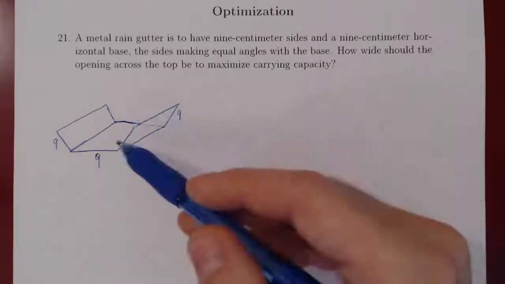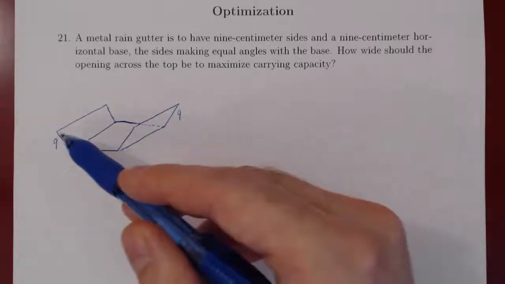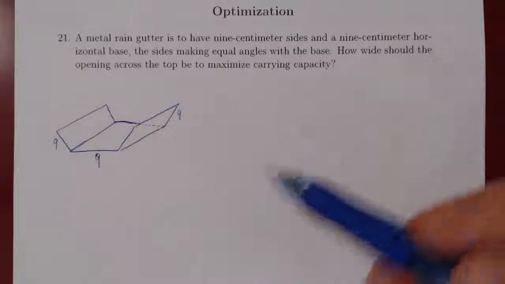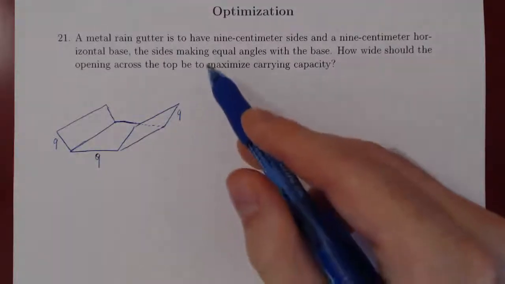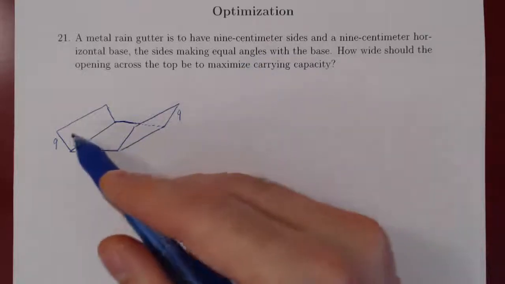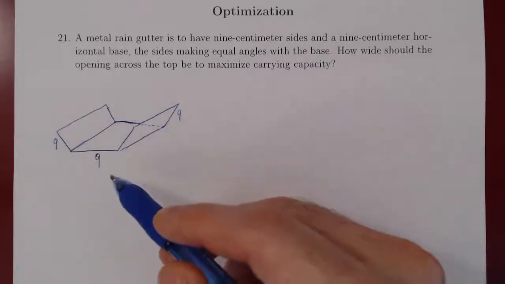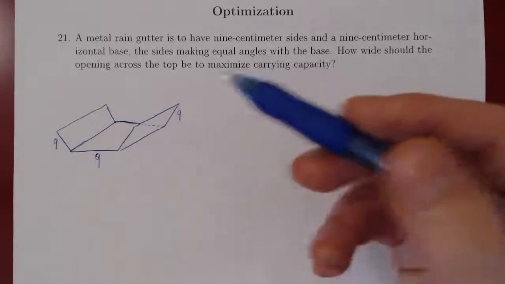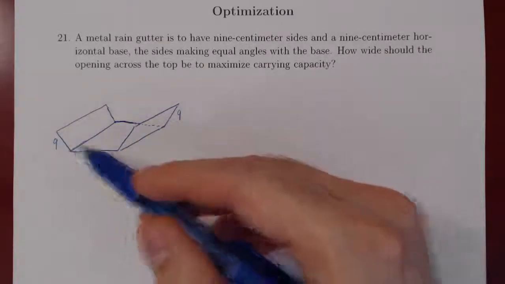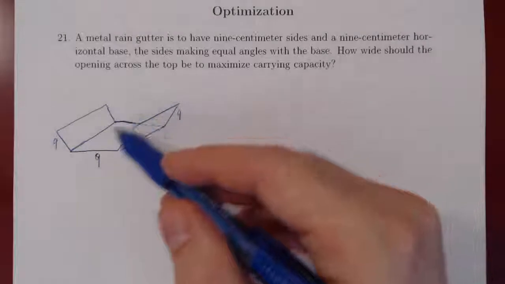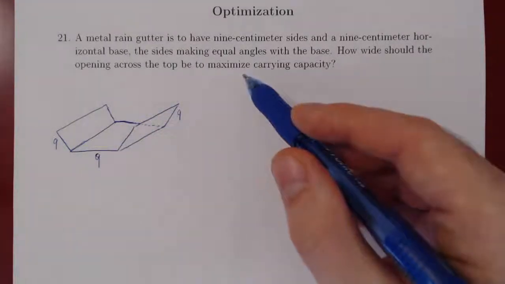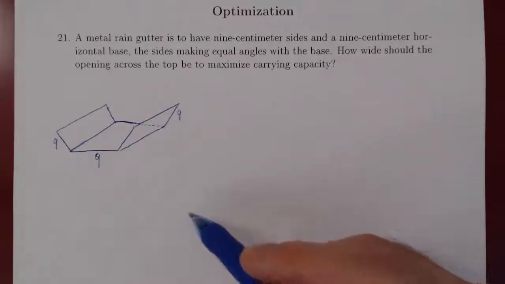So you want to choose the angles for both sides, and we know that they have the same angles. So the opening on the left and on the right is the same. And the obvious question is, well, if you're going to make such a rain gutter, you will try and make it so that you will maximize the possible flow of water, and that's what's called the carrying capacity.